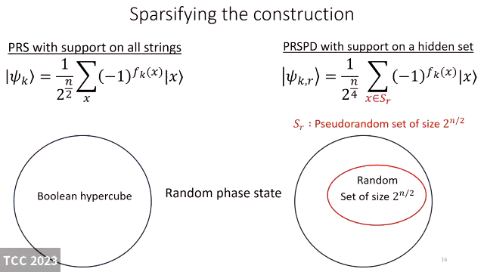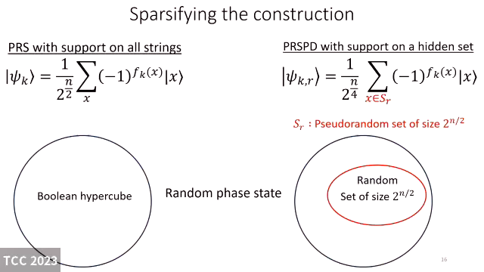We have the same construction, but instead of taking a superposition over all strings, we take a superposition over a pseudo-random set of size 2 to the n by 2. Now you should interpret this size 2 to the n by 2 as something which is super polynomial. So it is enough to fool the distinguishing adversary in the pseudo-randomness game, but it is still asymptotically smaller than the whole space, so that we have enough structure to do proof of destruction.